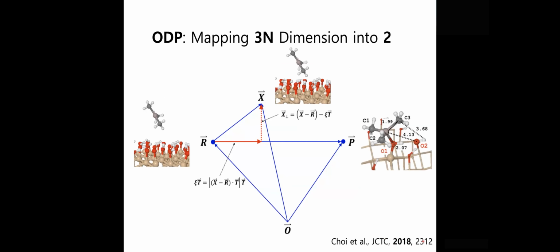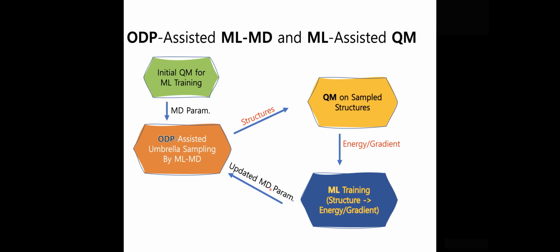You do the machine learning and update the MD parameters because you have more structures. Once you have more refined MD parameters, you perform the same thing again and generate more structures. Then you continue this iterative process on and on.